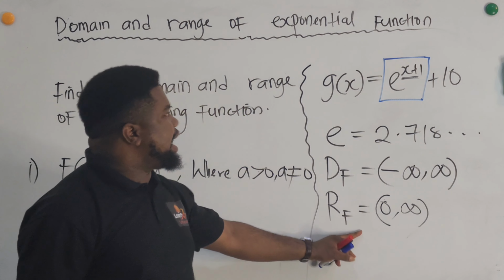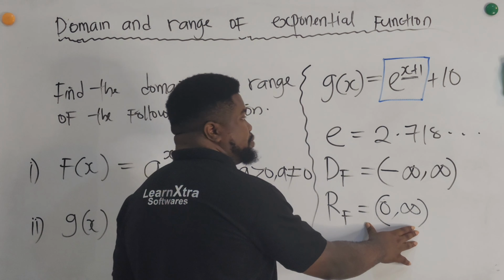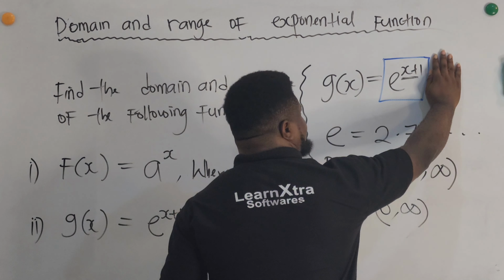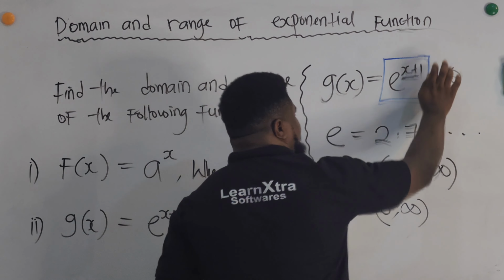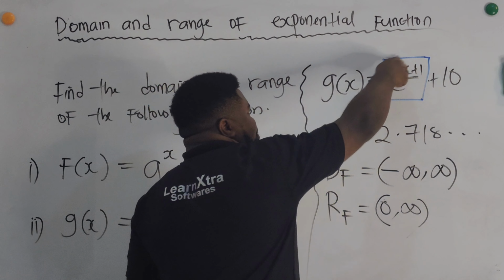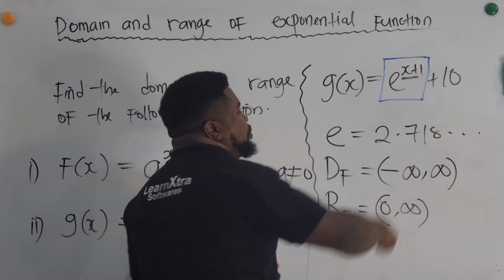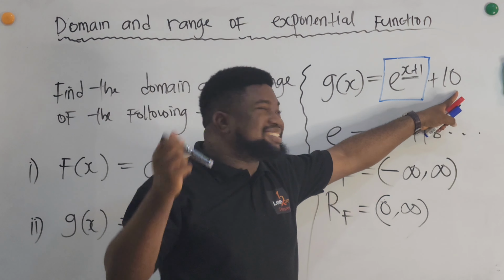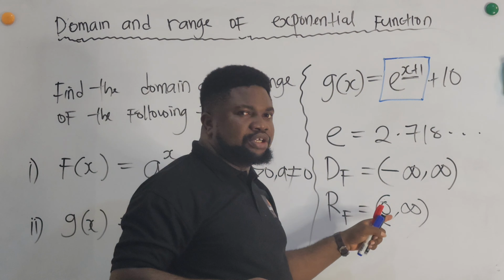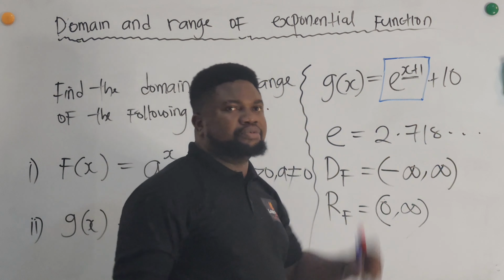No! I have an extension. This is the range, assuming there was no shift here. But because I have plus 10, this range starting from 0 now takes the extension into consideration. The range will now start from 10. When you have an extension, the range will start from that extension up to infinity.